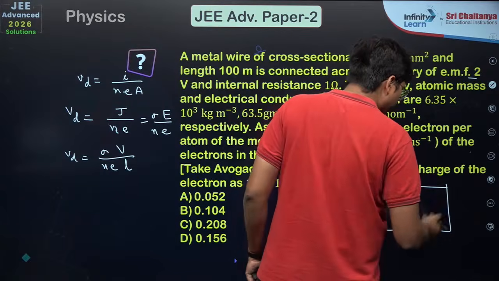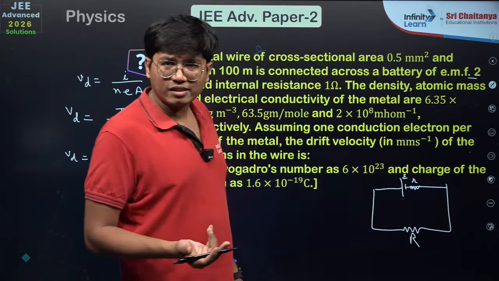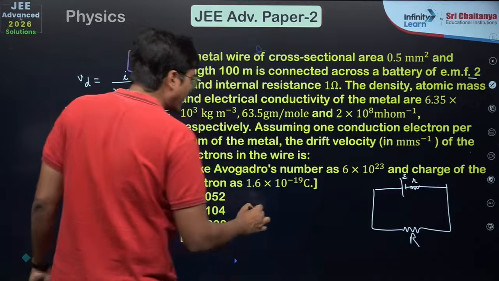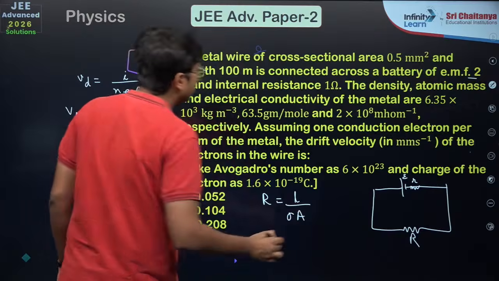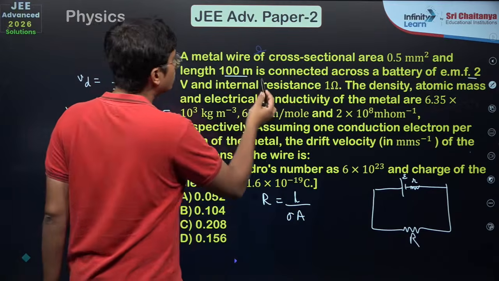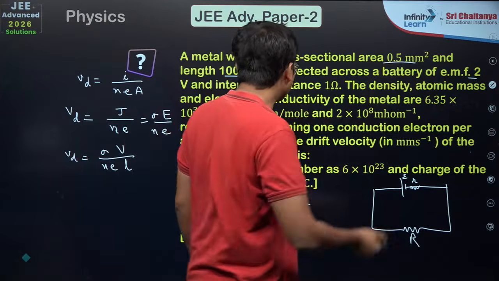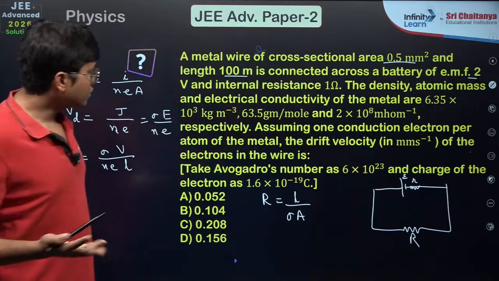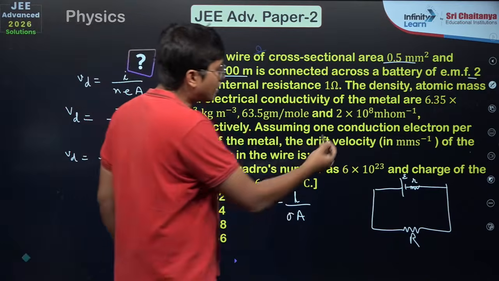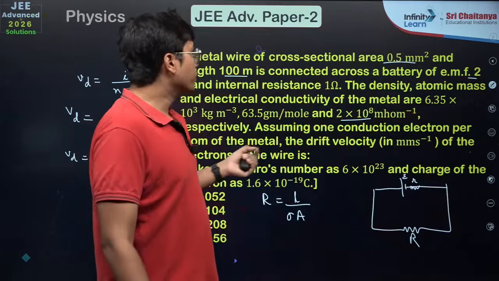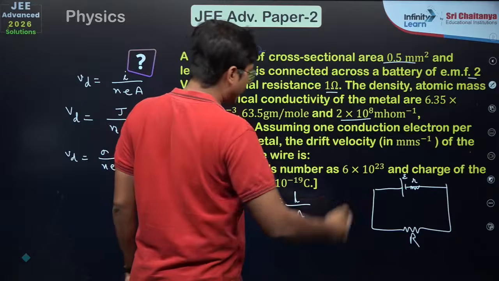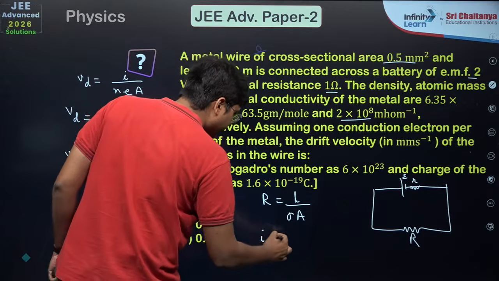If your EMF is given, you can assume that the external resistance is capital R, whose value you can get as L divided by sigma A. The length is provided to you, the area is provided to you, and even the conductivity sigma is also provided to you. You can get the external resistance's value. The internal resistance is given to you, so you can get the current.